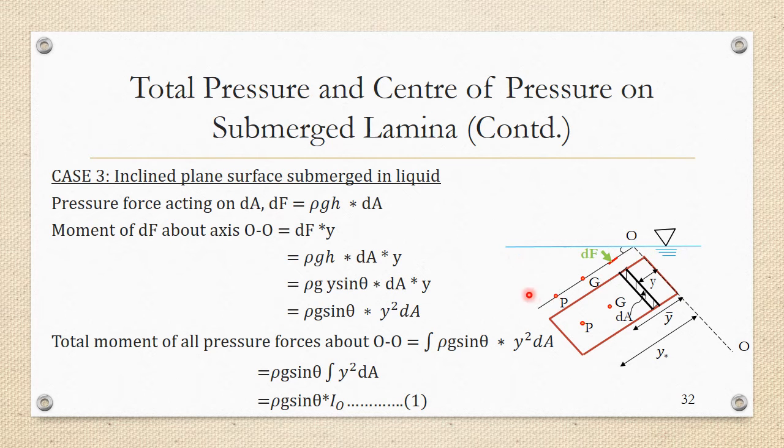So the moment of capital F about the OO axis is equal to the sum of moments of all these small dFs about the OO axis. I found the sum of the moments of the small dFs about the OO axis to be rho g sine theta into IO. Now I have to find the moment of F about the OO axis.